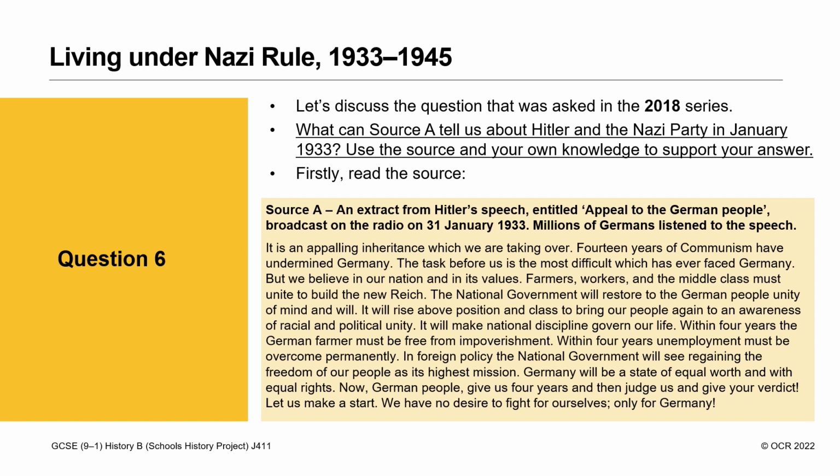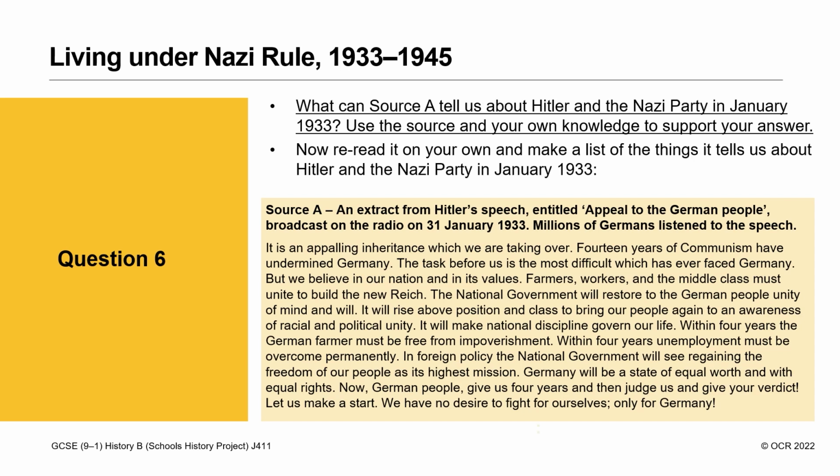It will rise above position and class to bring our people again to an awareness of racial and political unity. It will make national discipline govern our life. Within 4 years, the German farmer must be free from impoverishment. Within 4 years, unemployment must be overcome permanently. In foreign policy, the national government will see regaining the freedom of our people as its highest mission. Germany will be a state of equal worth and with equal rights. Now, German people, give us 4 years and then judge us and give your verdict. Let us make a start. We have no desire to fight for ourselves, only for Germany.